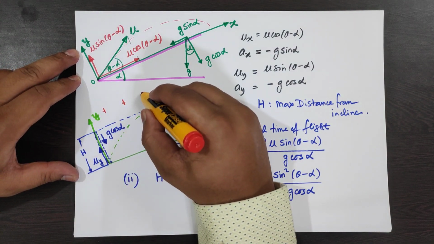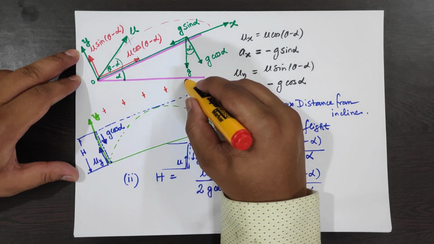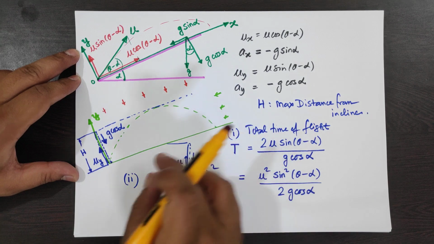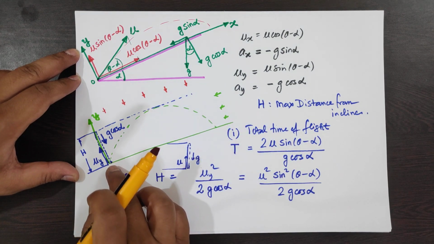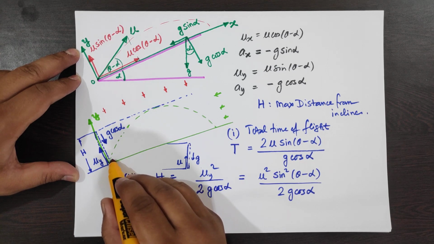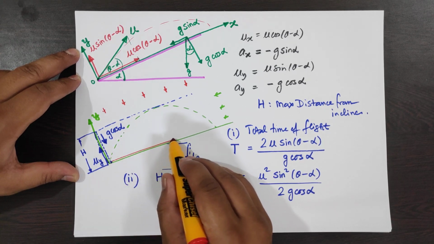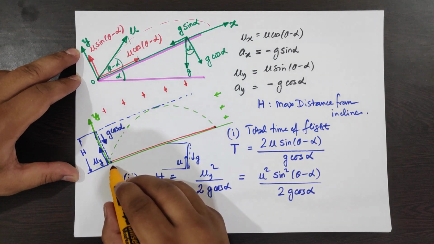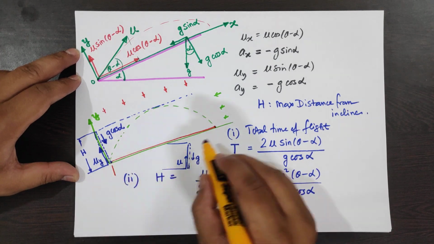So if you have a light beam falling, as the particle goes in this path, its projection will go along this path, right? So it's going along a straight line and it will end here, right? So that is the range.